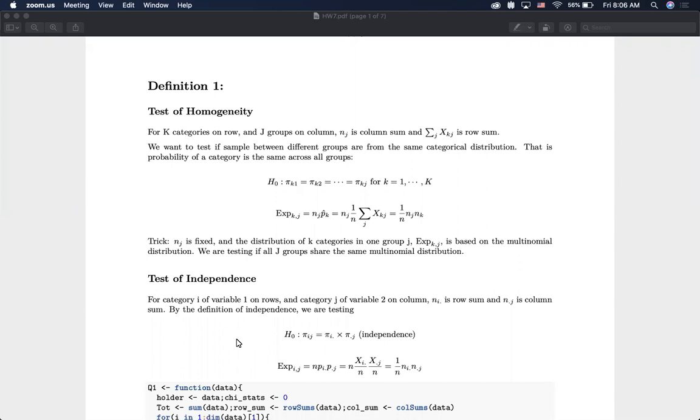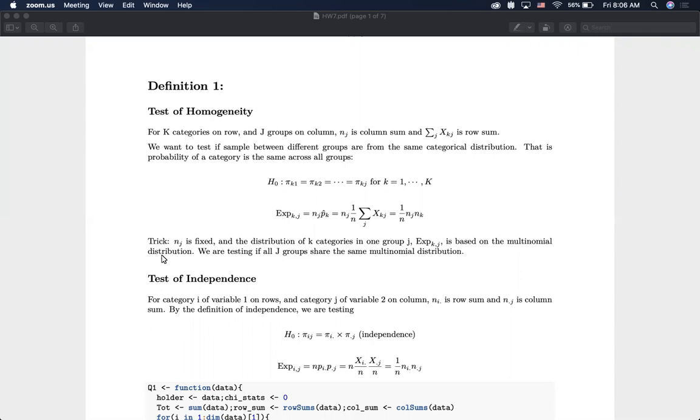In our case, each column is a group. Similar to what we did with the multinomial, we set a sample size. For example, each group is 1,000, and for the 4 different groups we have 4 different numbers, but the sum will always be 1,000. So n sub j is fixed, which is an indicator that we can use the test of homogeneity for that kind of data set.